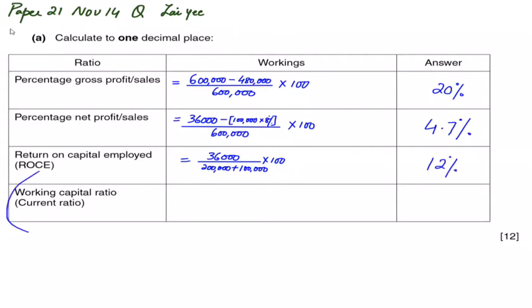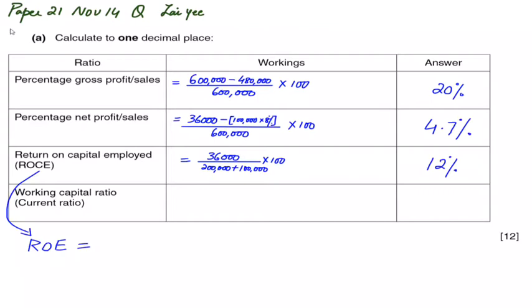Now, instead of return on capital employed, if the examiner had asked us to calculate return on equity, also known as return on shareholder funds, ROSF. Return on shareholder funds or return on capital or return on equity means the same thing.